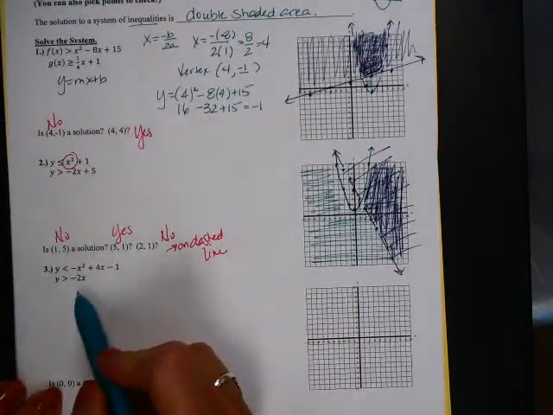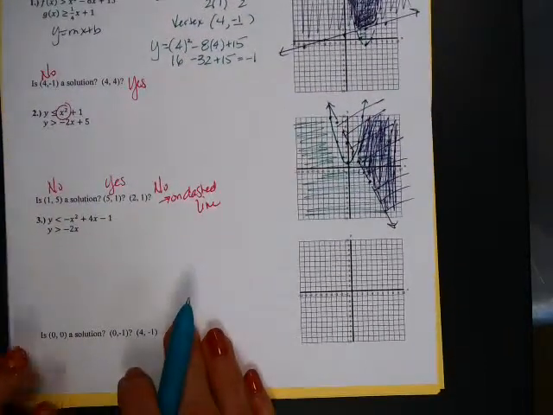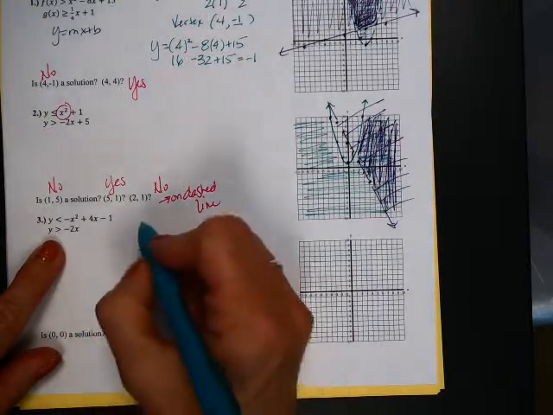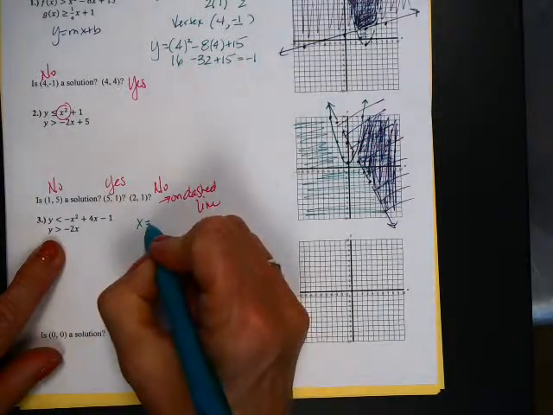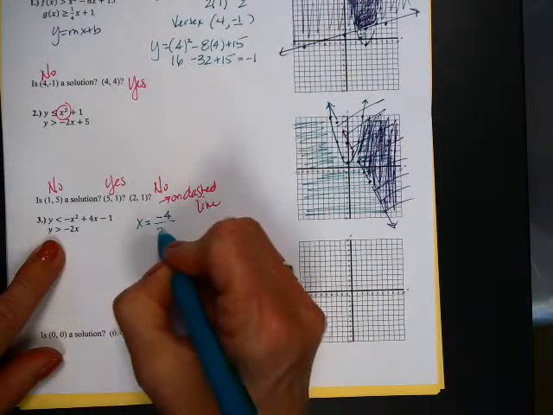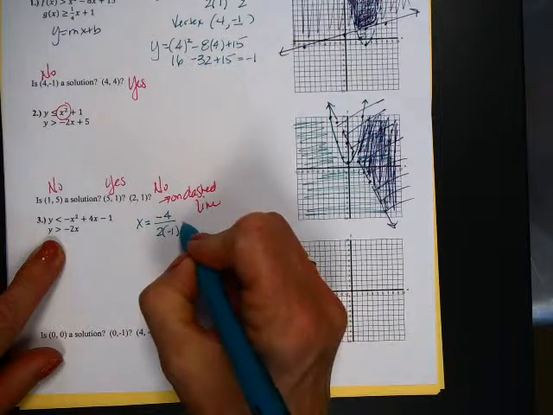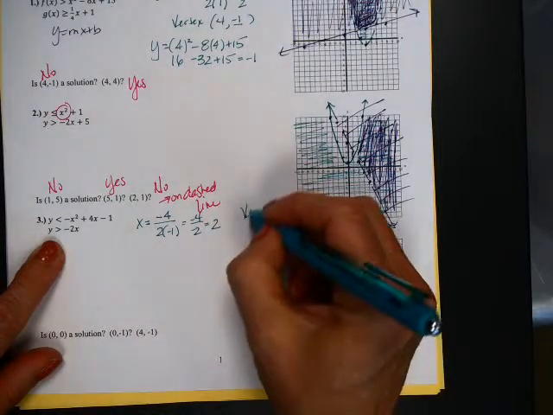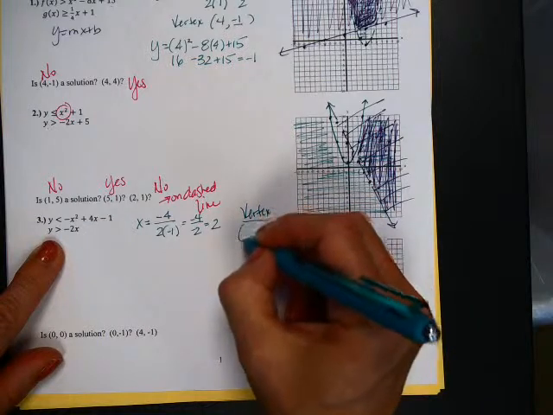Another quadratic with a linear. Yes, we're back in standard form. So we've got to find our vertex, which is -b over 2a. So I get a -4 over -2, which is 2. So now my vertex will be at x = 2.